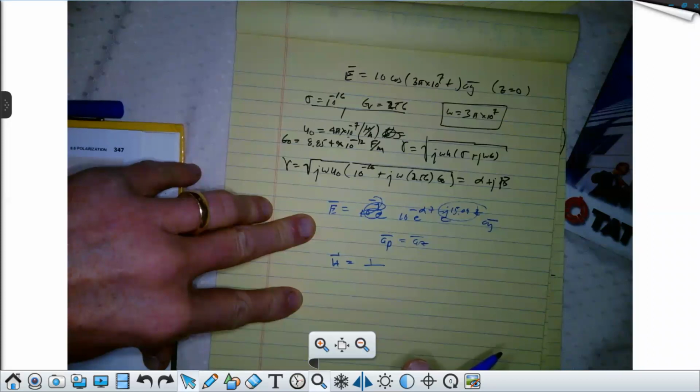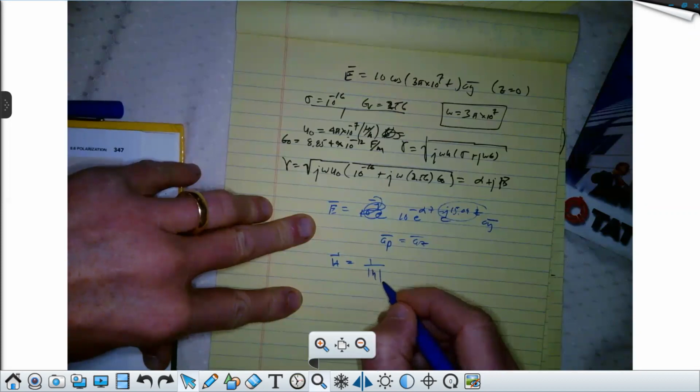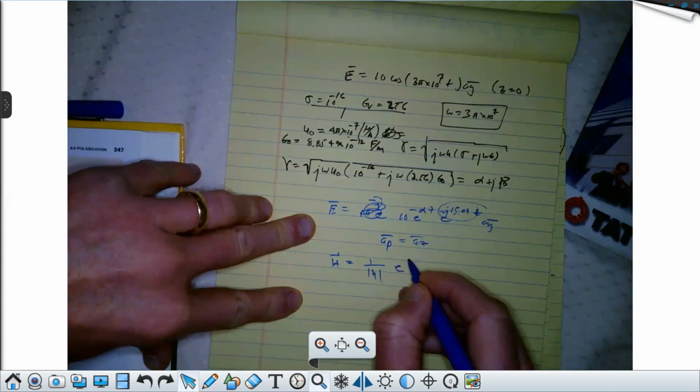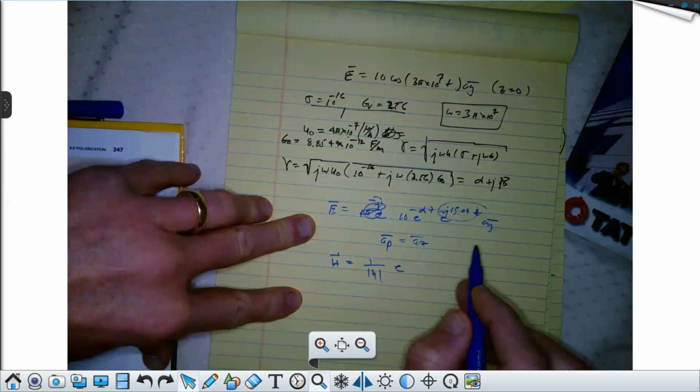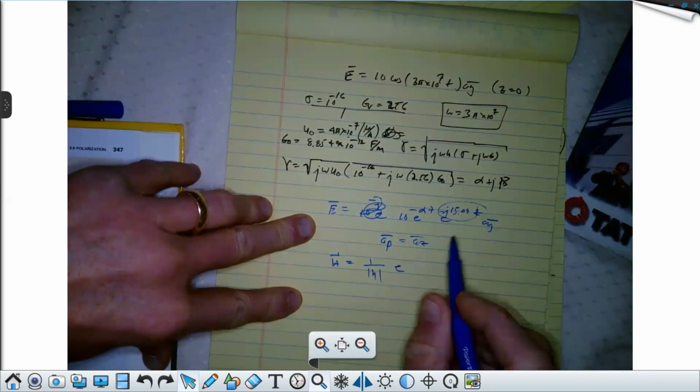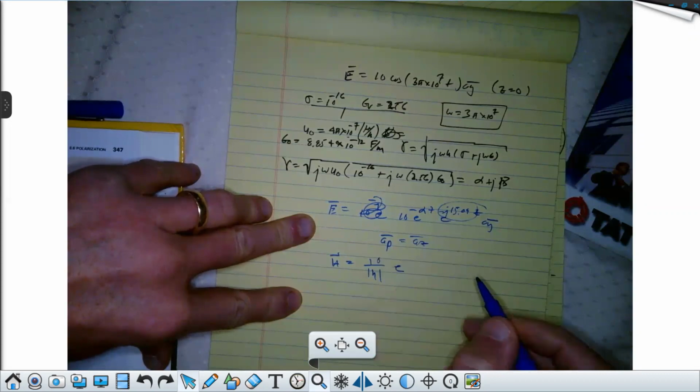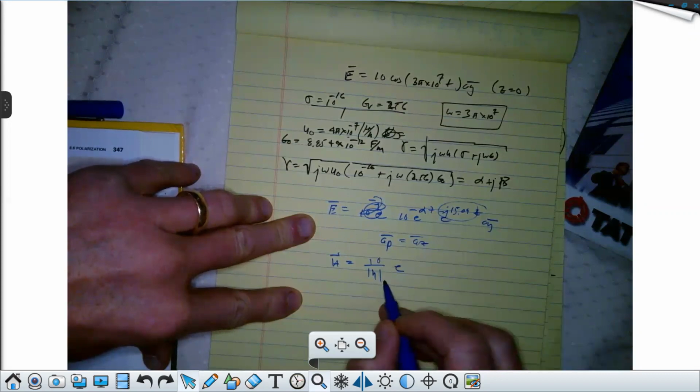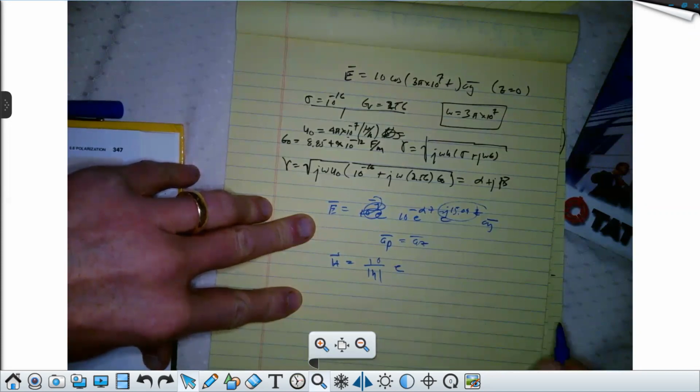For all intents and purposes, the angle there is 0. So it's 1 over eta. Then you're going to have E naught here. E naught is 10 for this problem, over eta. The value of eta is about 7.4459.